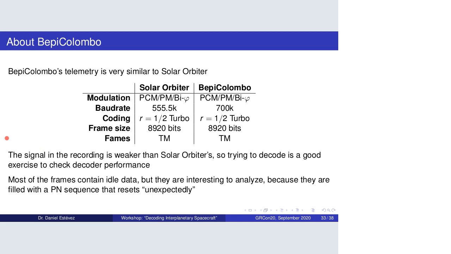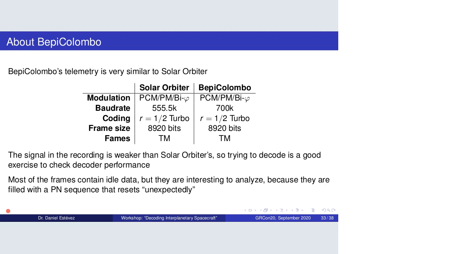Not sure what there is in the Solar Orbiter telemetry. On Bepi Colombo, most of the telemetry contains idle data, which is what a spacecraft would transmit when it doesn't have anything noteworthy to say, but it still wants to keep the transmitter running to make the signal visible and trackable from the ground station.